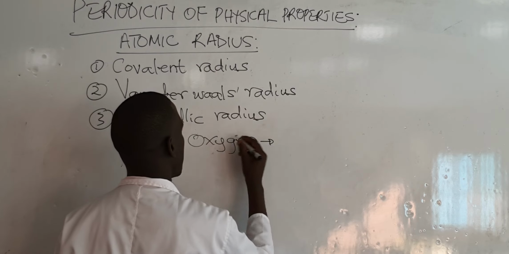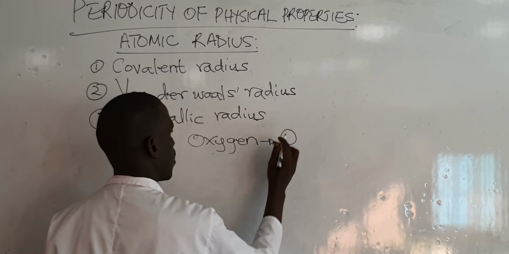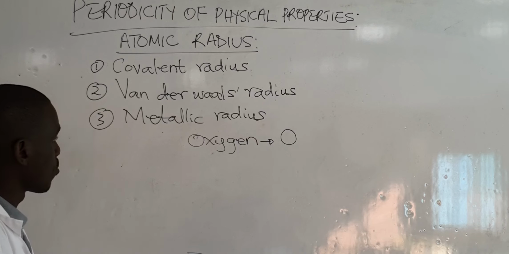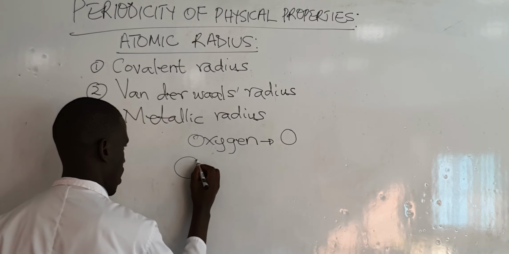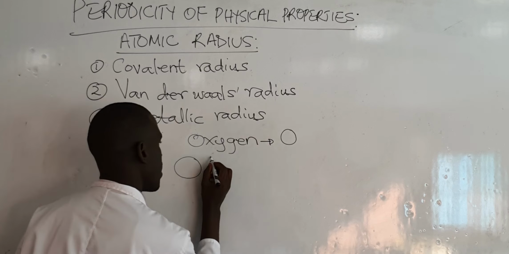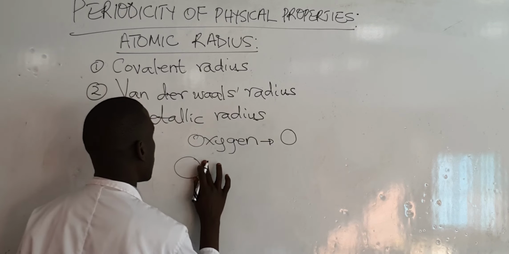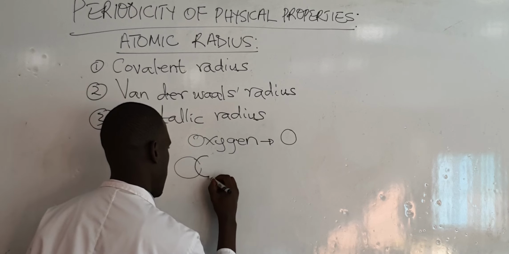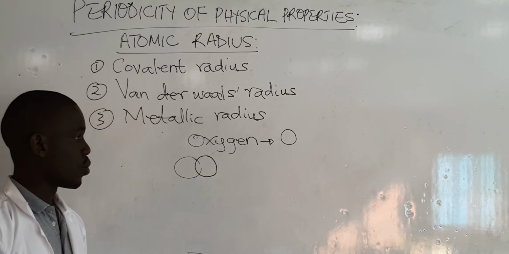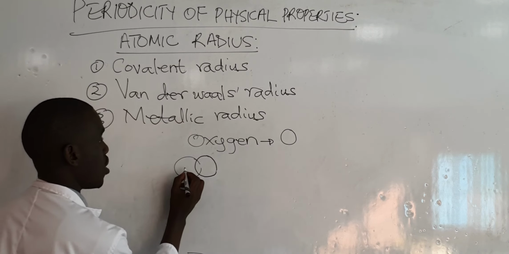The symbol for oxygen is O. And then you have two atoms which are adjacent to each other, covalently bonded to each other.